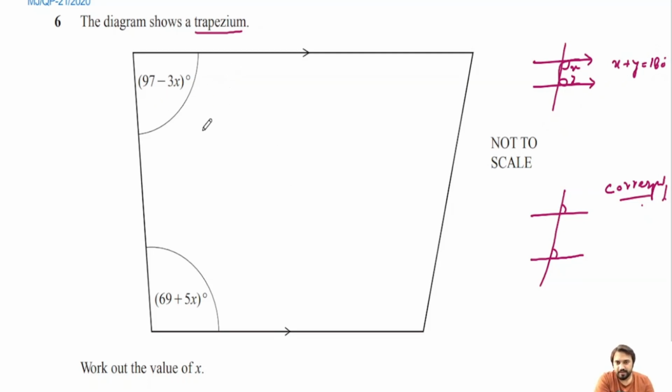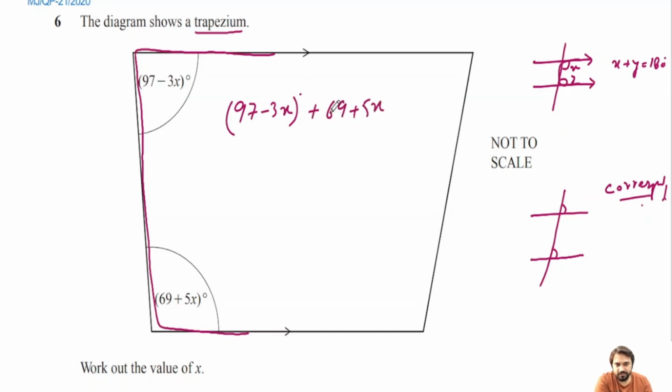So according to our diagram, this trapezium, this is a C-shape angle. You can see, we can draw the C-shape. This is our C-shape. So 97 minus 3x degree plus 69 plus 5x degree add up to 180 degree. We call them the supplementary angles or allied angles.